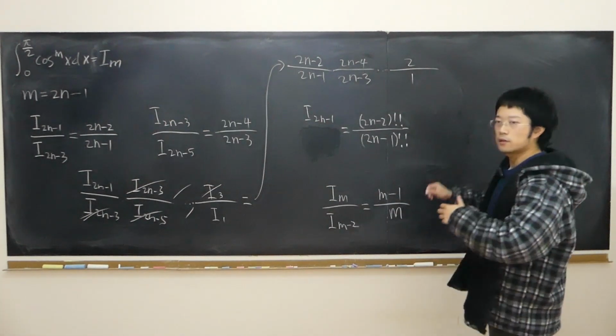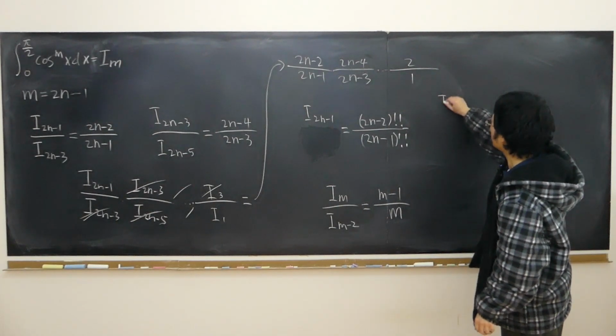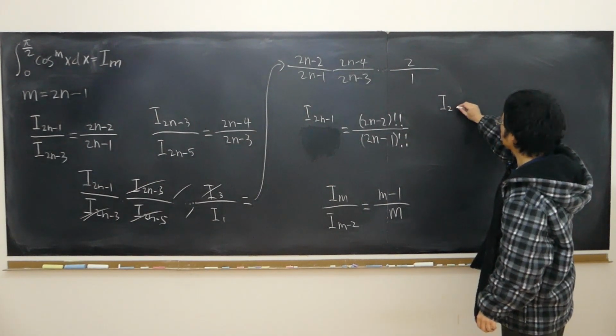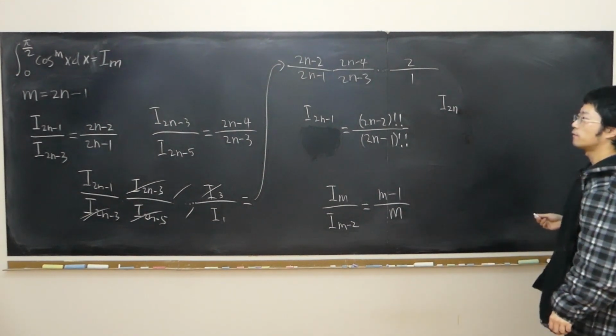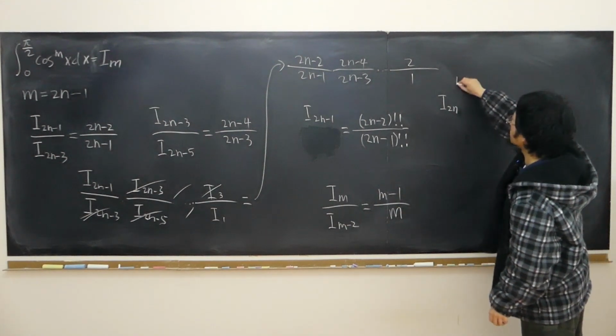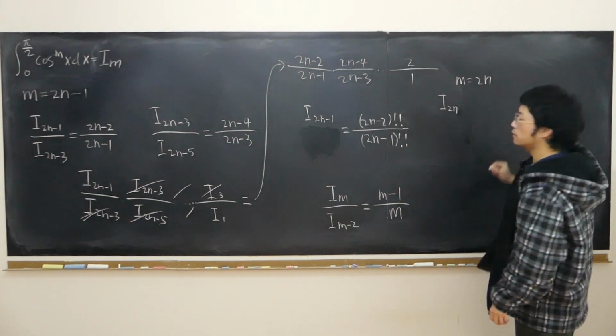Likewise, I'll just skip the steps and directly go to I2n. So that's if m is even.